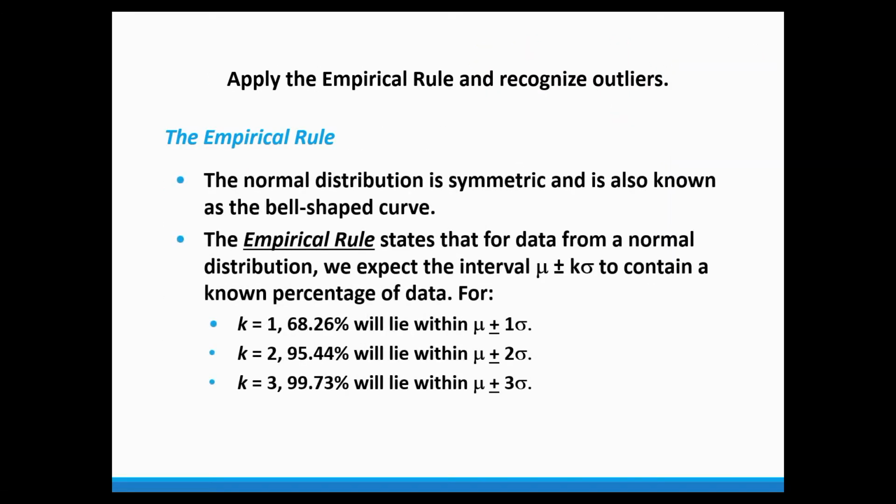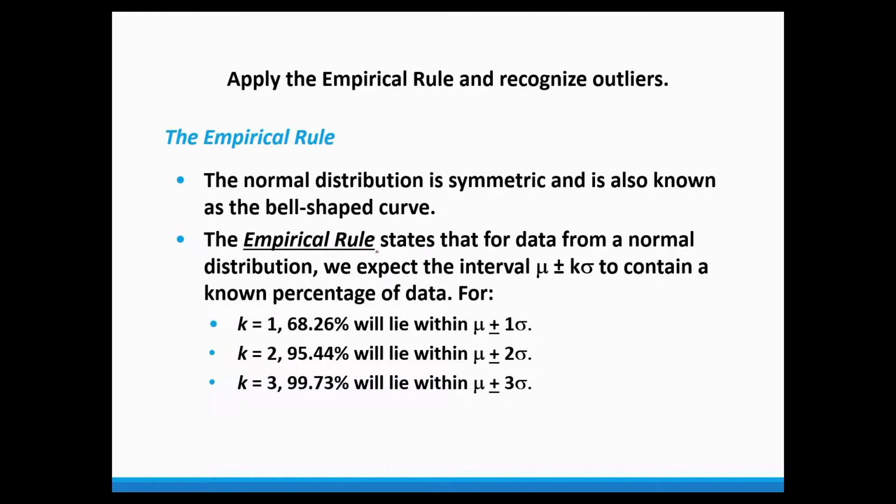For the empirical rule, the normal distribution is symmetric. As we saw before, it's symmetric and bell-shaped, and is also known as a bell-shaped curve.